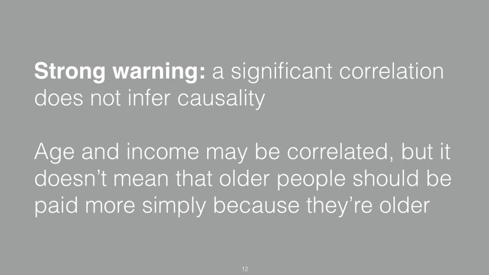An example is that age and income may be correlated. You see that people, as they progress in their career, usually tend to be making more money. But it doesn't mean that older people should be paid more simply because they're older. Okay, so now let's do this in R.